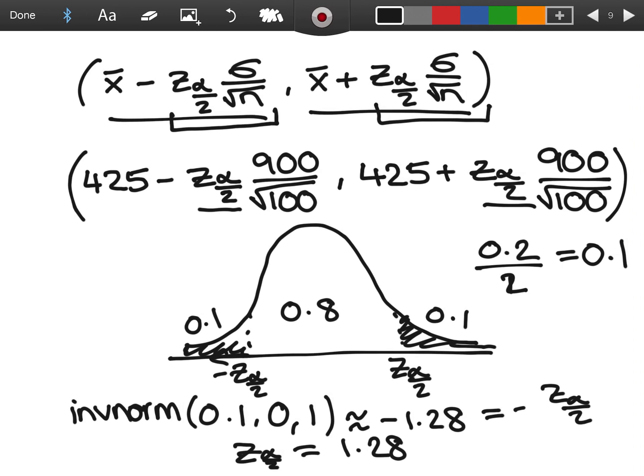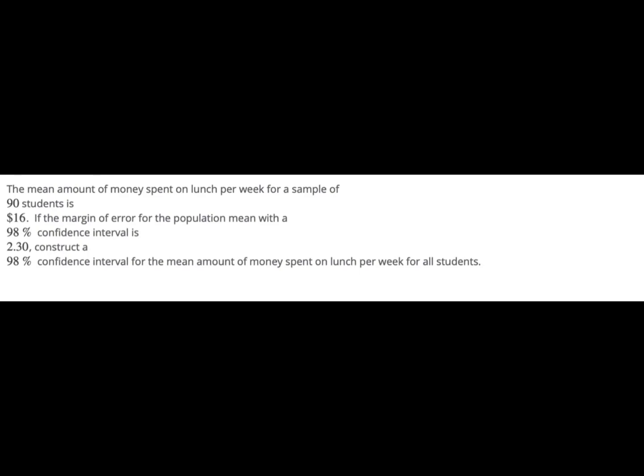So this part here on each one, you're just adding or subtracting the margin of error from the sample mean. Okay, so whenever they give you a margin of error problem, all they are doing is giving you this whole value here. Okay, so they have worked out a z value, a sigma, and the square root of n.